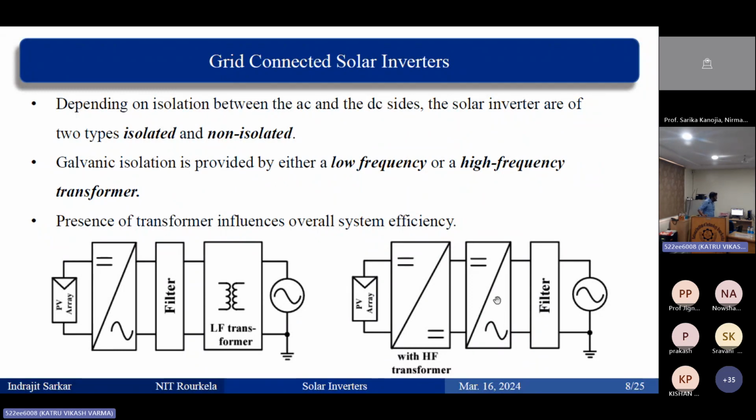But apart from the inverter, you need this high frequency DC-DC converter. So the presence of a transformer influences, definitely you are adding something. Though transformer efficiency is very high, more than 90%, it still affects the efficiency of the overall system.